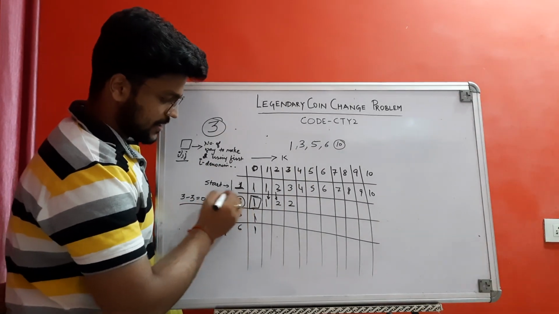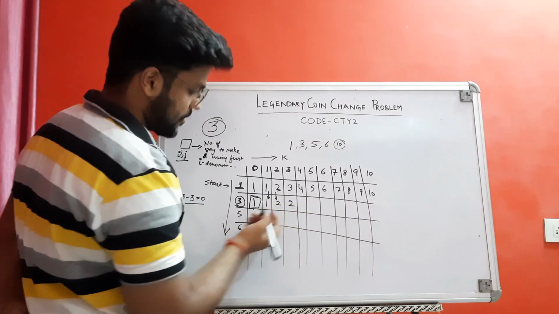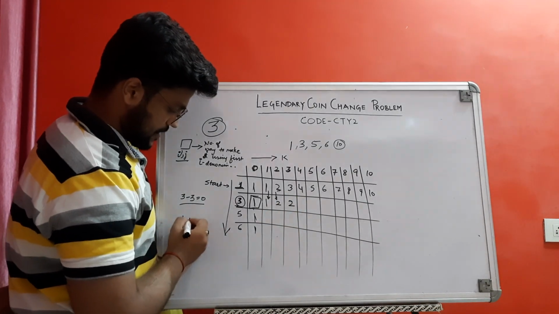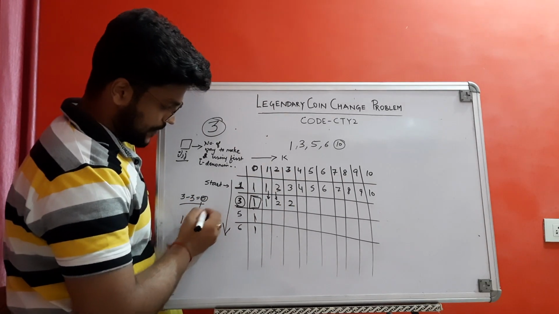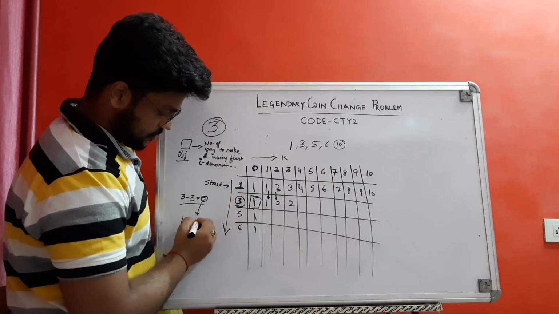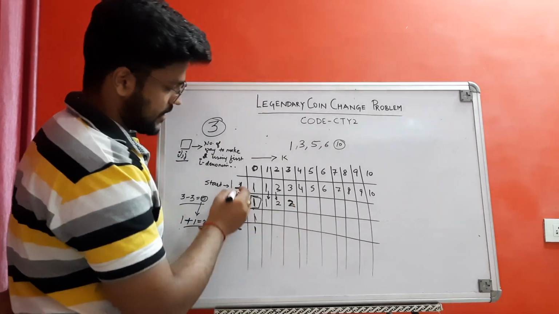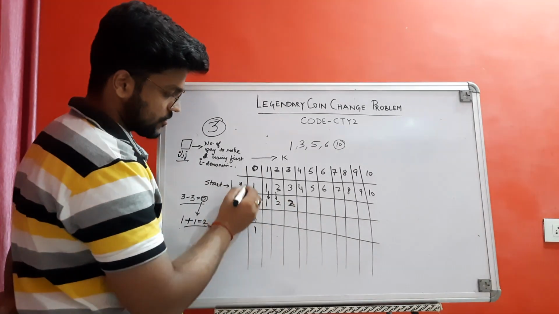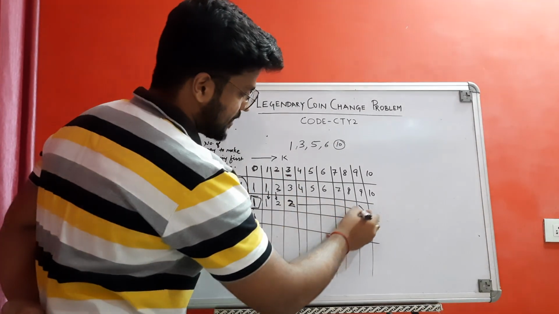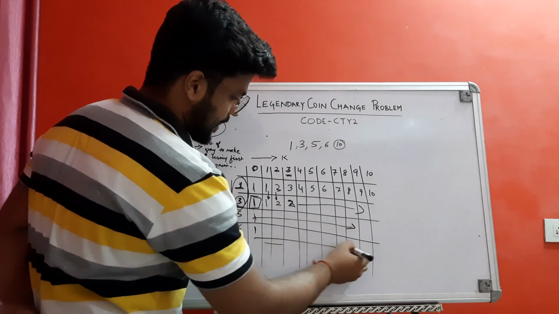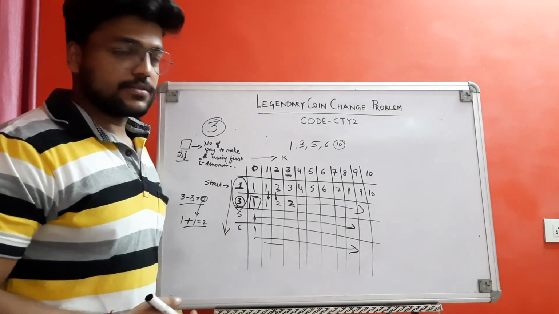I will be using this 3 to make sum equal to 3, so that will be my first way, plus the number of ways to make 0, which is also 1. So 1 plus 1 equals 2. I will write 2 here, so there are two possible ways using these two denominations to make the sum 3. Likewise, I will fill this array, then this, and then this. So this is what we get by using dynamic programming.